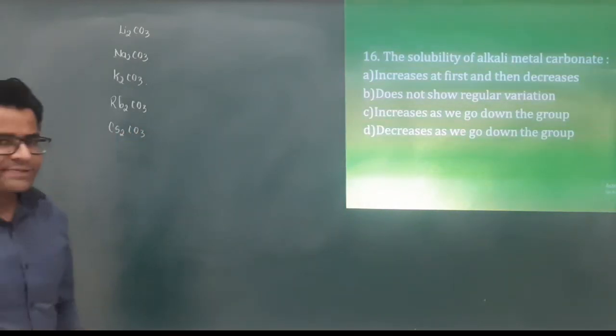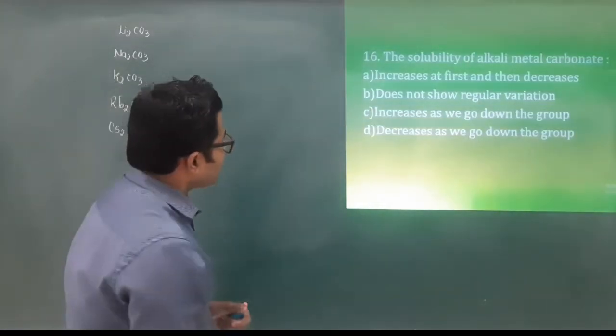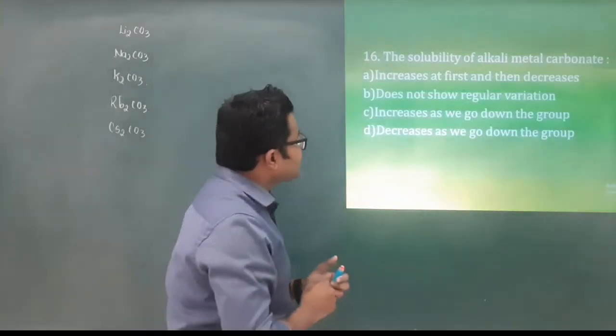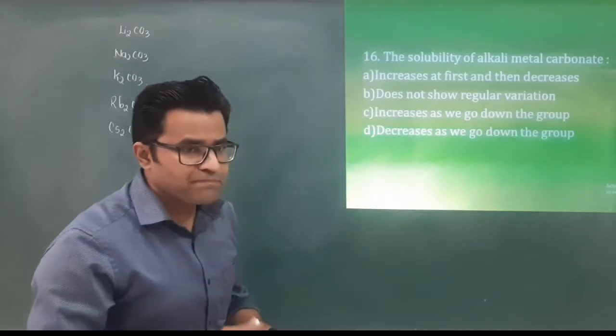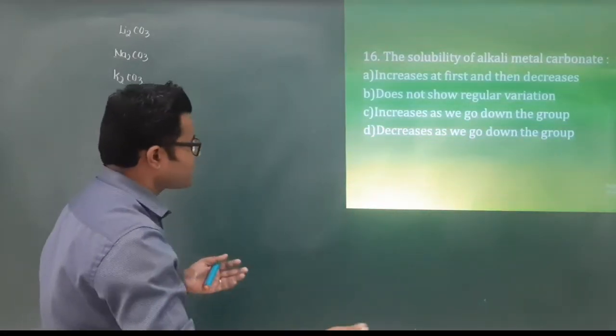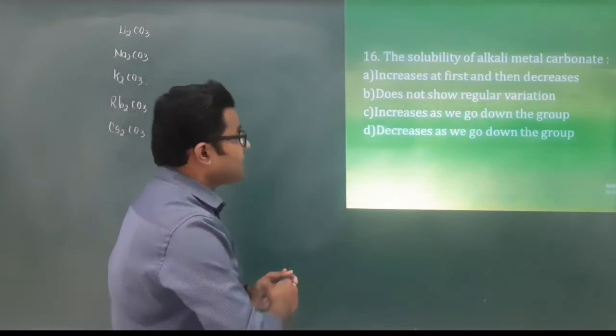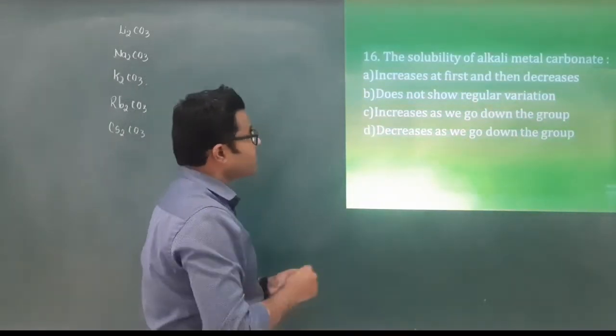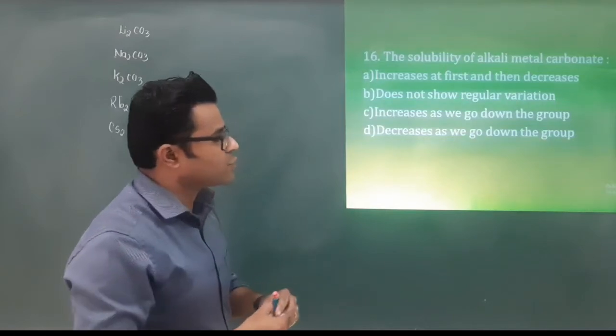So now what they have given: increases at first and then decreases, does not show any regular variation, increases as we go down the group, decreases as we go down the group.